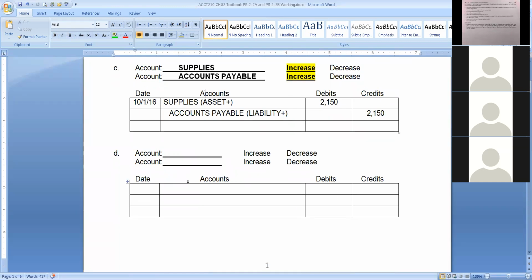Okay, D. Paid creditor on account, 1,100. Accounts payable and cash. Yes and yes. Accounts payable going up or down?